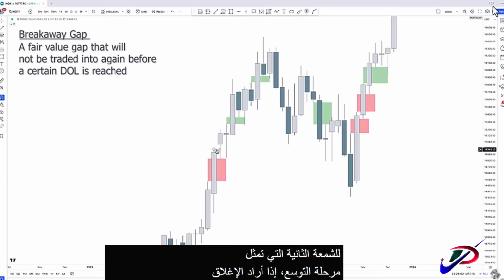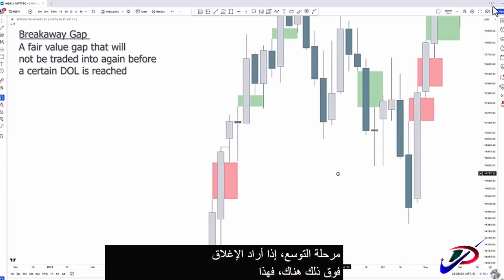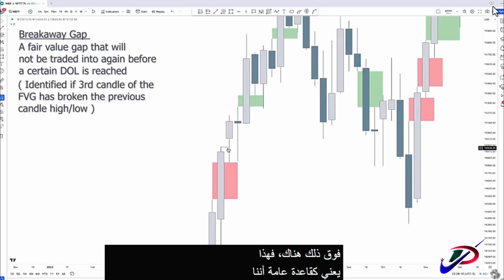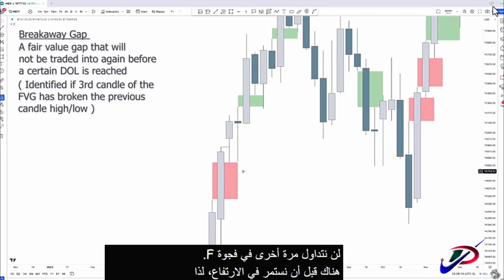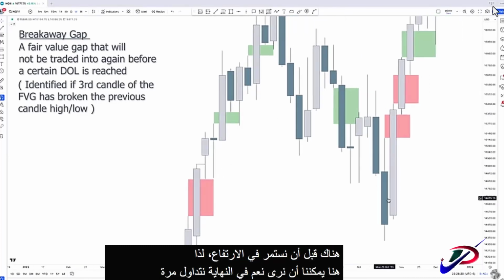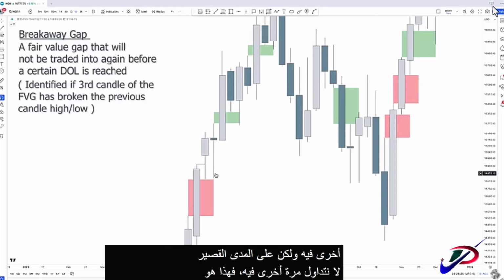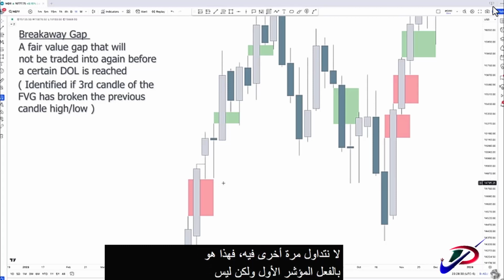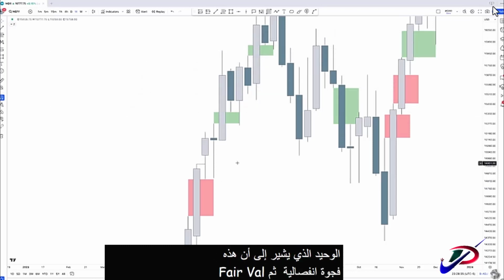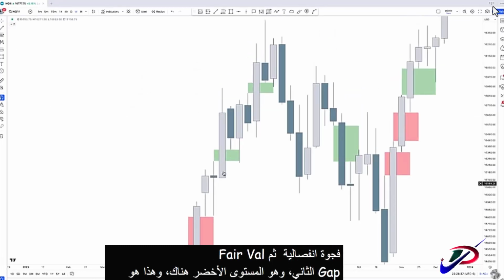If it wants to close above that right there, then that as a general rule of thumb means that we are not going to trade back into the fair value gap right there before we continue higher. So here we can see, yes, eventually we trade back into it, but in the short term, we do not trade back into it. Then that is already the first indication, but not the only one, that is a breakaway gap. Then the second fair value gap, the green one right there.